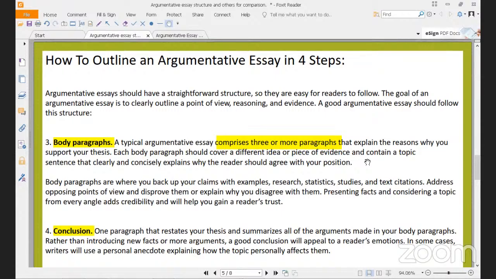Okay. So very important, guys. 3 or more paragraphs. I mean, again, if you consider that whatever your argument is, it's an argument where there is a lot of background information, there's a lot of media available, documentation.